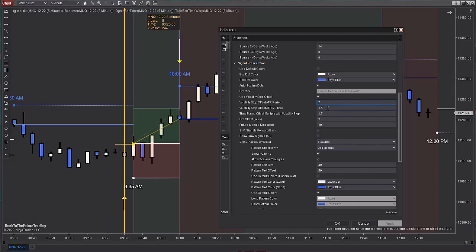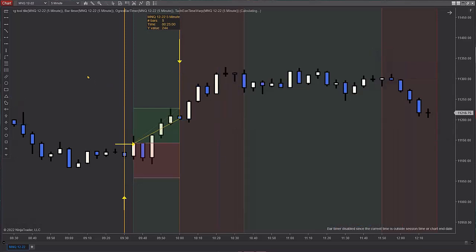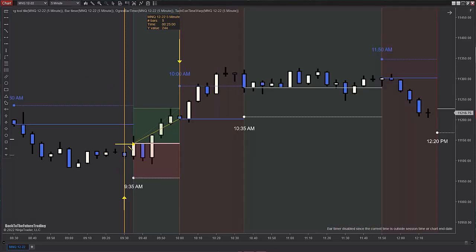You can also do 1, you can do 0.5, you can do 20 million. 1.5 is the standard. So that's what we're using. So it's looking back over the past 7 candles, and it's placing the stop.